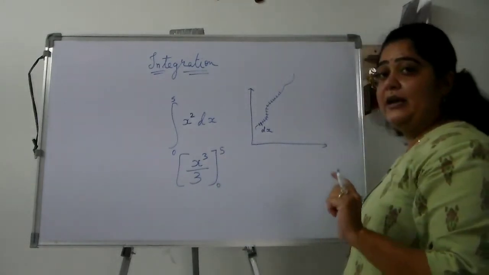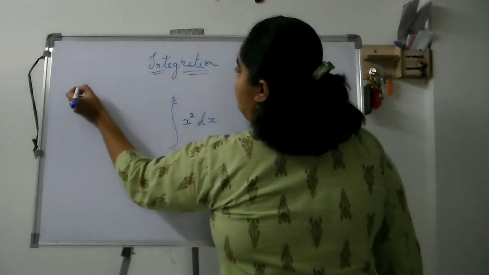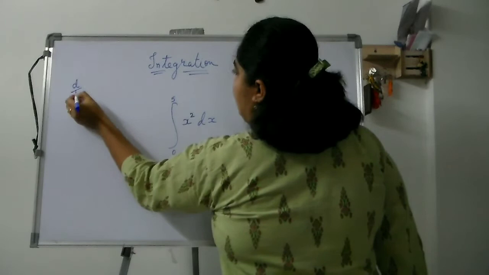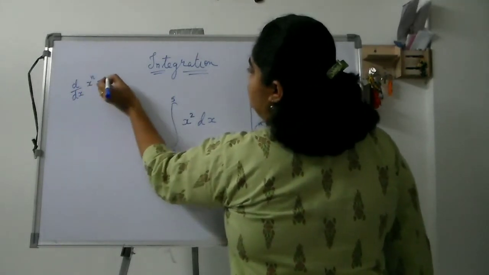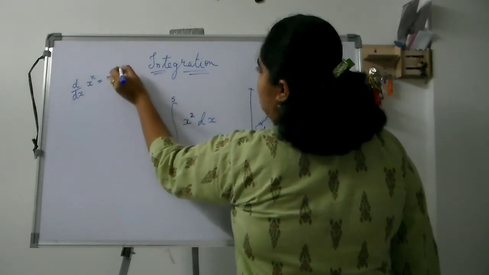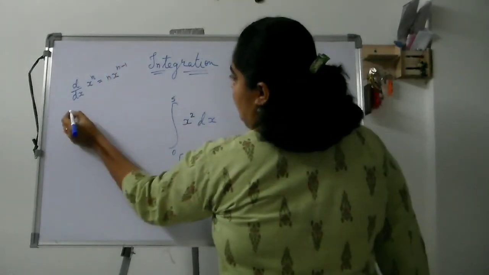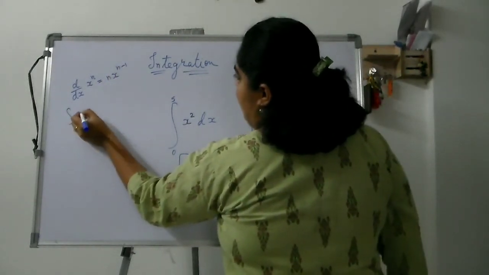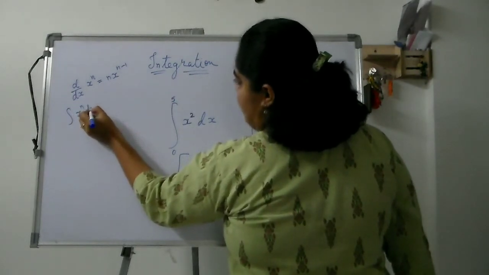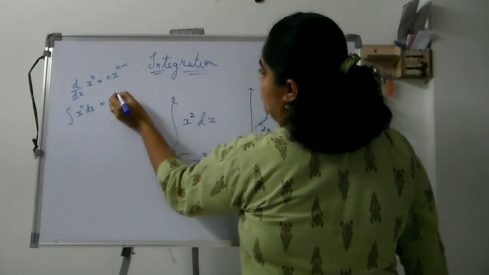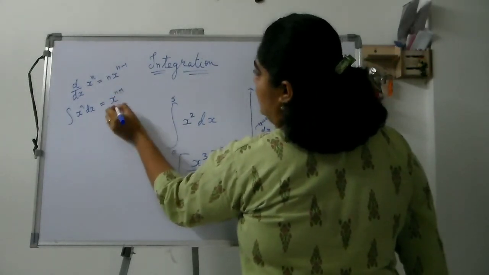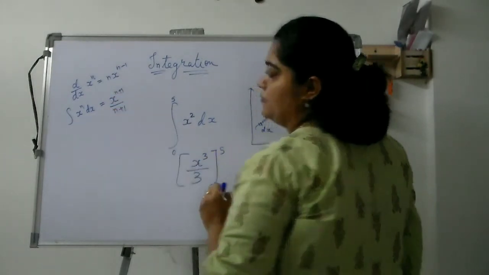Now how is it coming? In differentiation we remember we said that d by dx of x raised to n was n x raised to n minus 1. Now integration of x raised to n dx is equal to x raised to n plus 1 upon n plus 1.